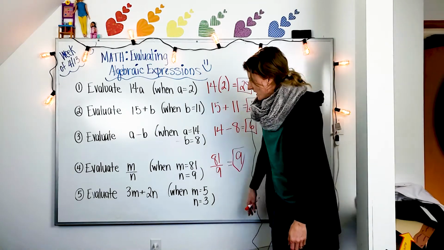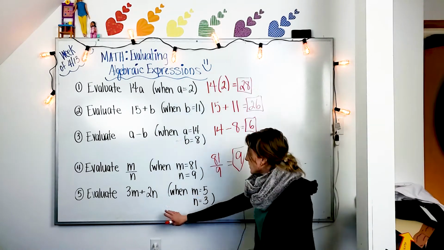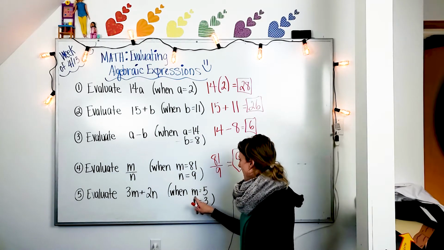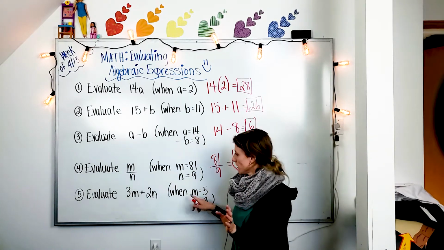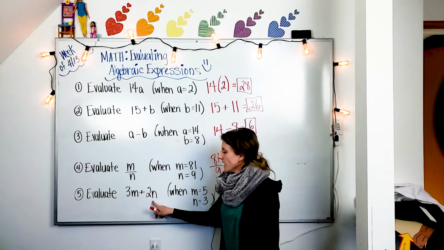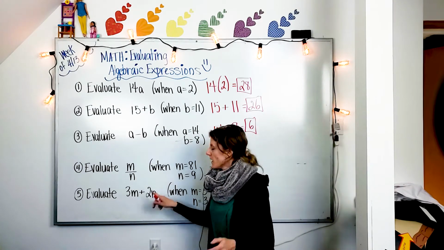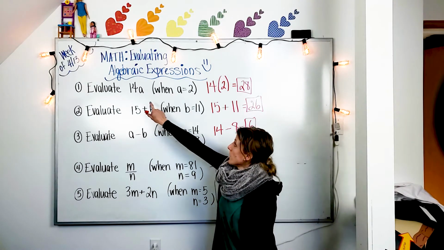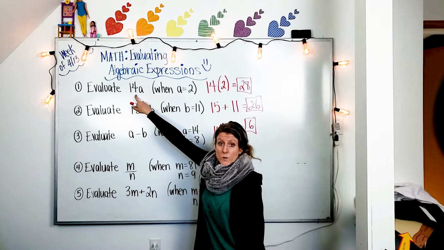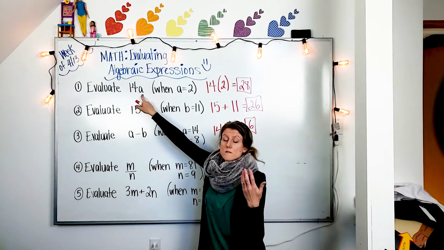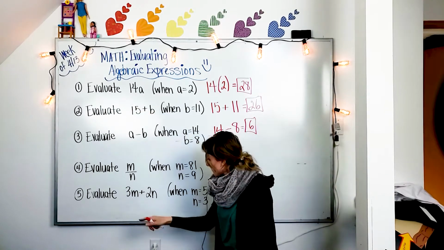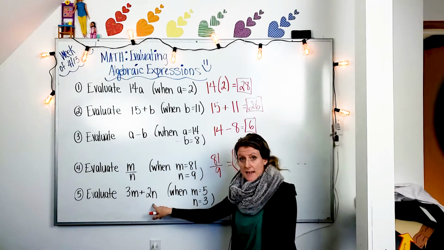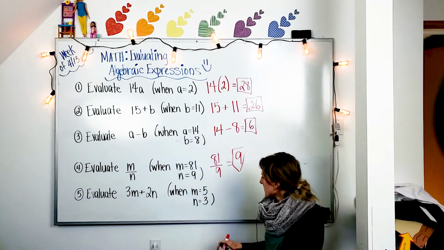The fifth one, evaluate 3m plus 2n. They're telling us that m is 5 and n is 3. Now this one's a little trickier because we have coefficients and variables. We have to plug in both. But remember, back to number 1, what does it mean when a coefficient is next to a letter? We multiply, right? So I'm multiplying and then adding and then multiplying those two numbers.